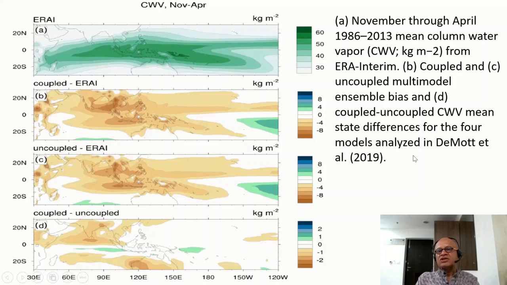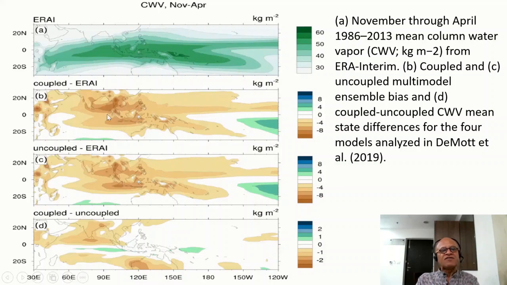This is Charlotte Demott's results, November to April, 1986 to 2013, mean column water vapor in kilograms per meter squared, looking at reanalysis as the data for best estimate of observations.